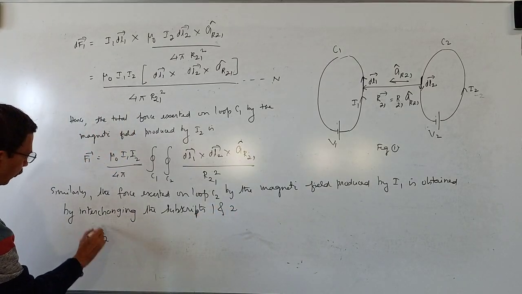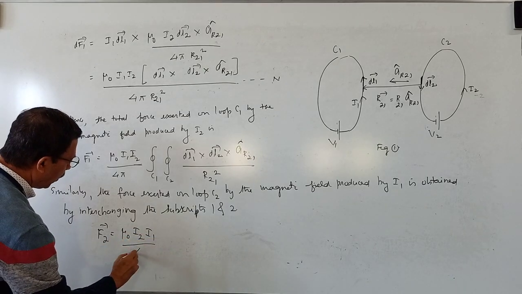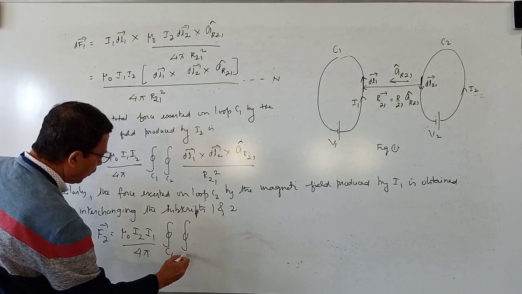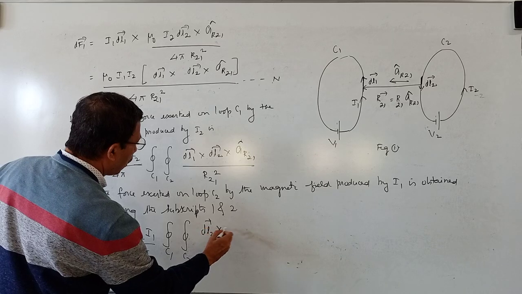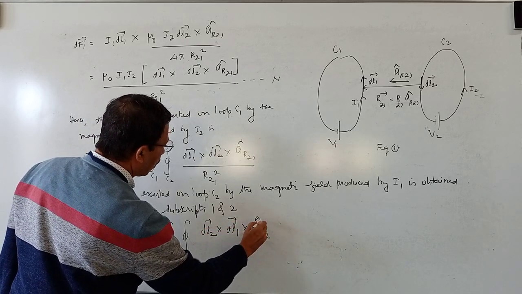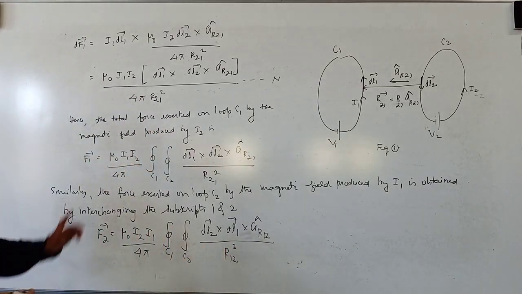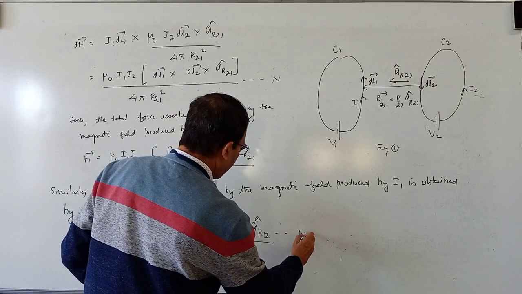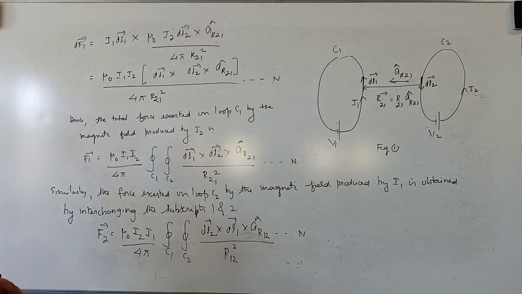So vector F2 is equal to mu naught into I2 I1 divided by 4 pi contour integral C1 contour integral C2 vector dl2 cross vector dl1 cross unit vector er12 cap divided by r12 square. We have interchanged subscripts 1 and 2. So many newtons. Very important derivation. Let's practice it.